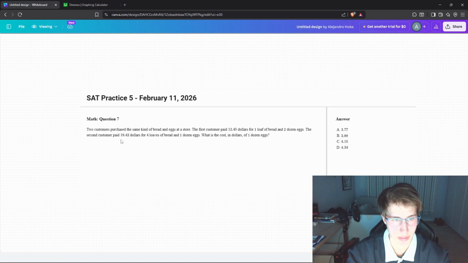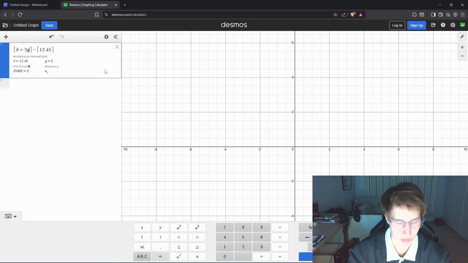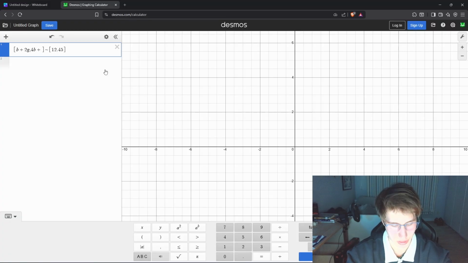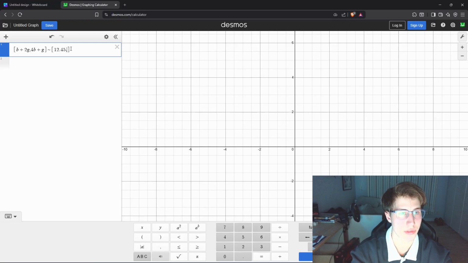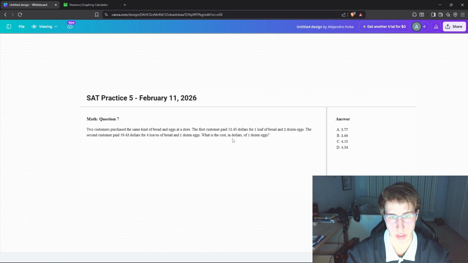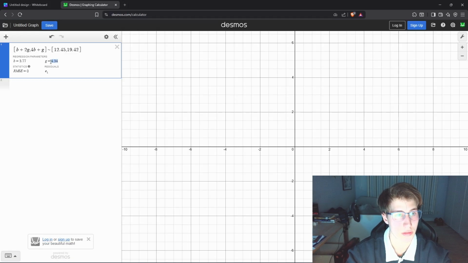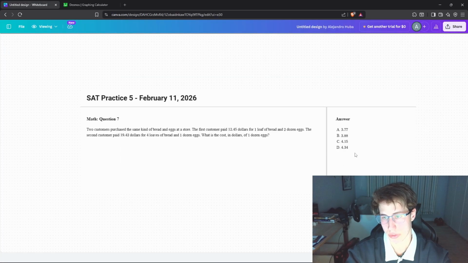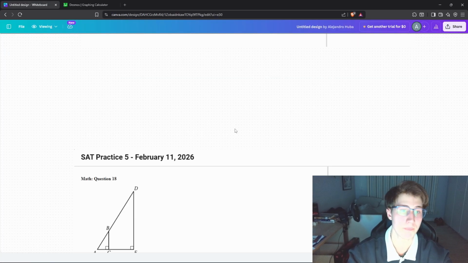The second customer paid $19.42 for 4 loaves of bread and 1 dozen eggs. So 4 breads and 1 egg is equal to $19.42. And it asks us, what is the store's cost in dollars of 1 dozen eggs? So the eggs right here are $4.34, which is answer choice D.